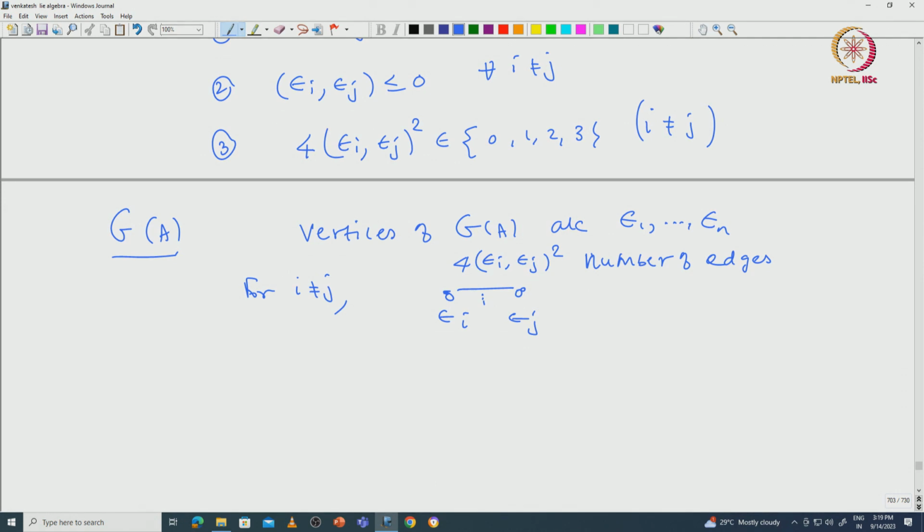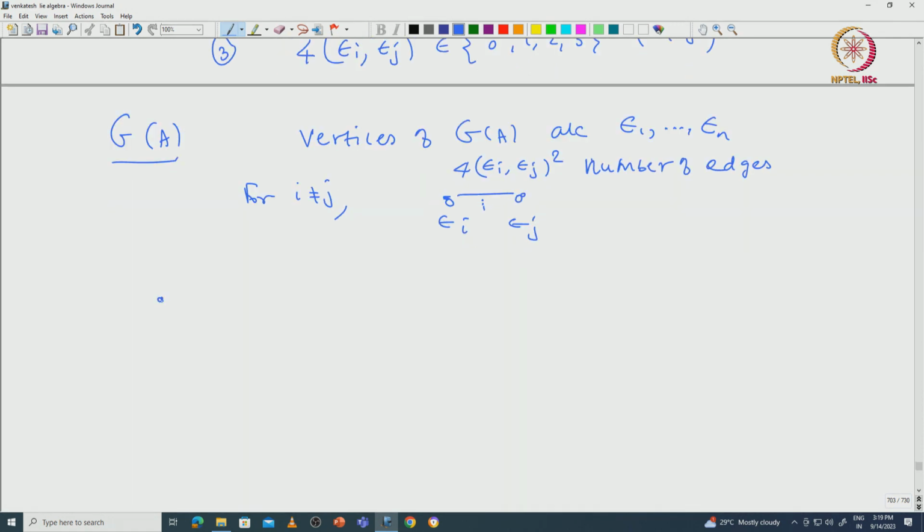Later using that we saw that if you take one vertex inside G of A, then at most 3 edges can originate from that vertex. So, those are all things we proved.